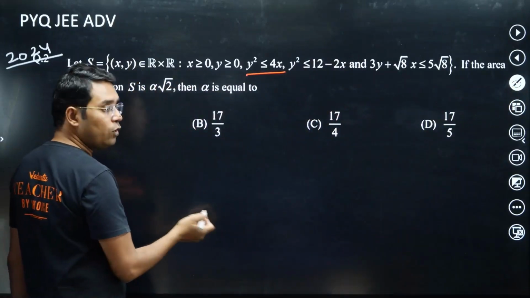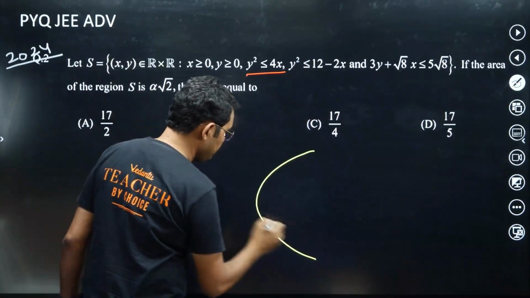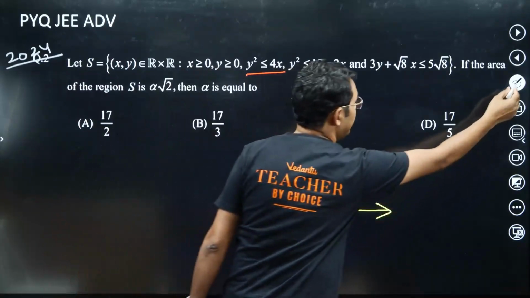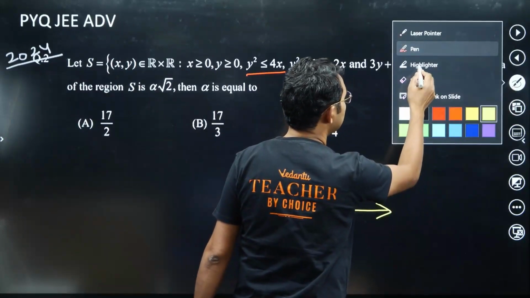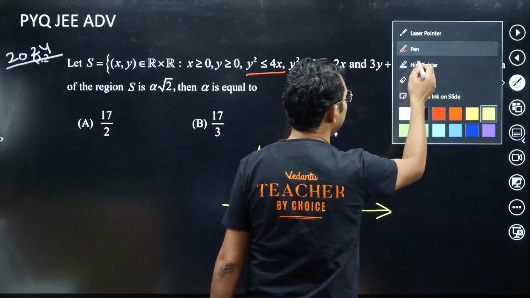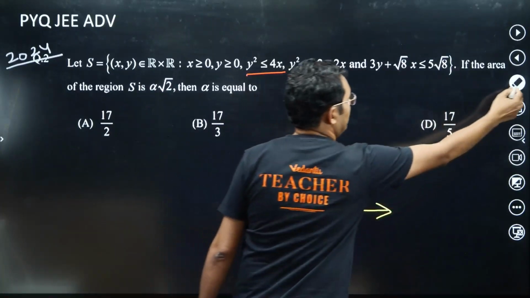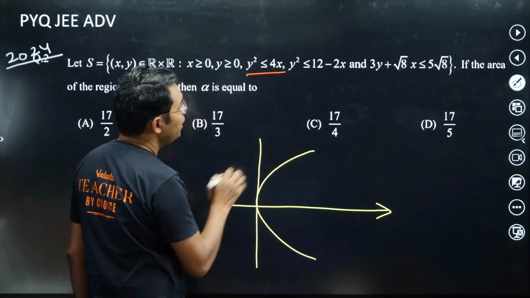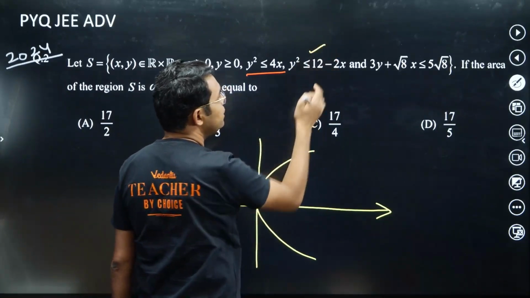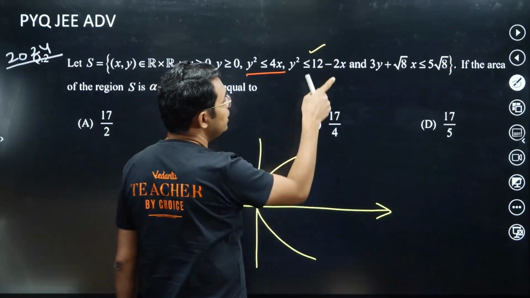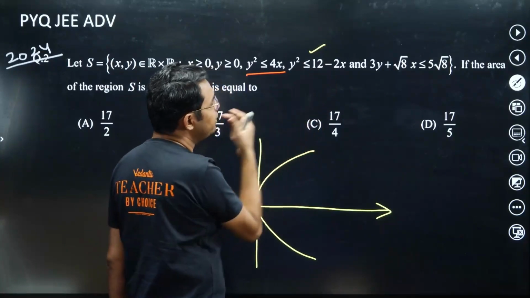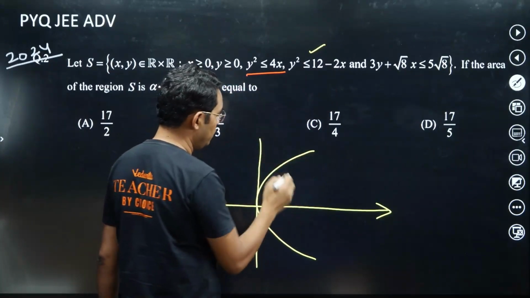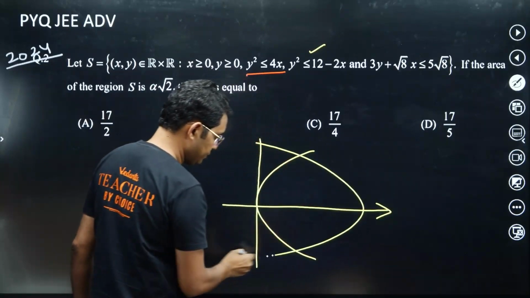That is a right opening parabola, with vertex at origin and tangent at vertex as the y-axis. And the other parabola is a left opening parabola whose vertex would be at 6 comma 0. So it will be something like this.